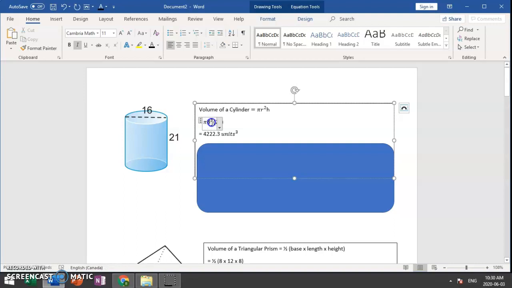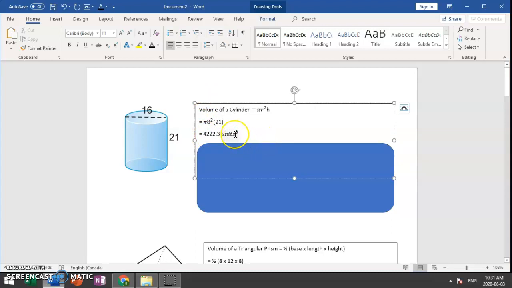So 8 times 8 first, and then times pi and then 21, or 21 and then pi. Doesn't matter at that point. Just start with the 8 squared first. As long as you do that, 8 squared times 21 times pi, or times pi times 21, you'll get the same answer.